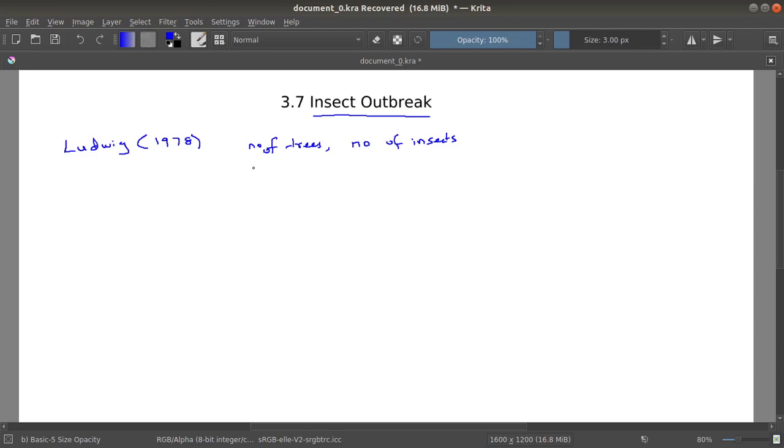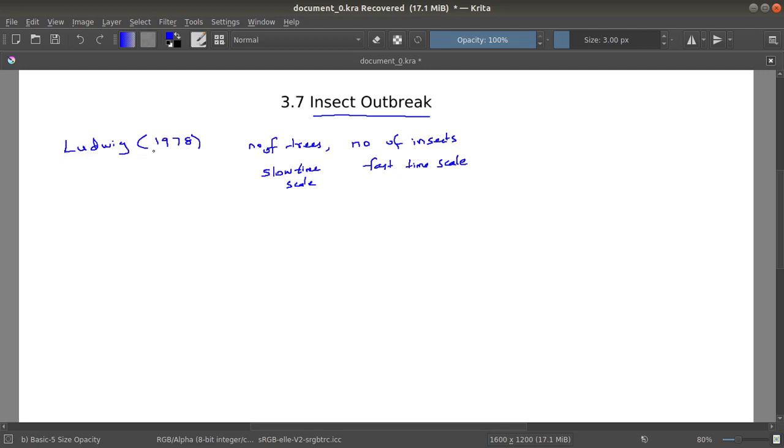But the change in the number of insects happens a bit faster, so this is a fast time scale. So what I could do is freeze the change in number of trees, and do the analysis by considering the insects as the only variable. That's how we are going to attack this problem.